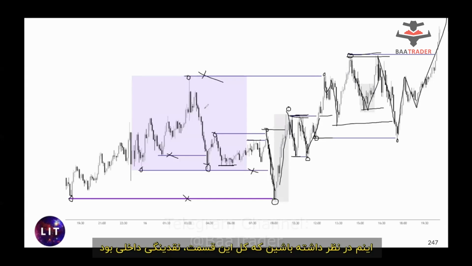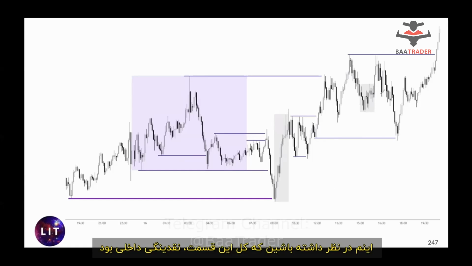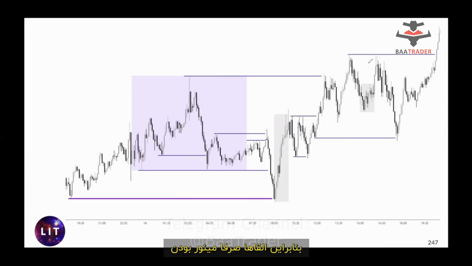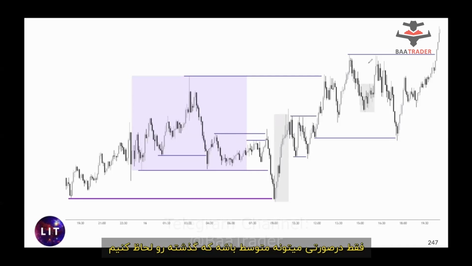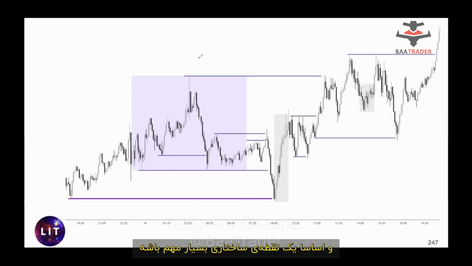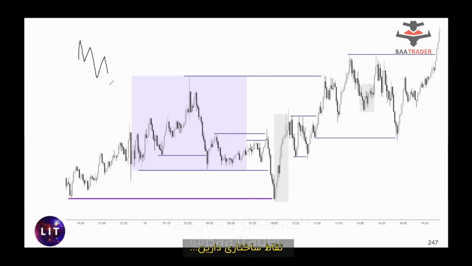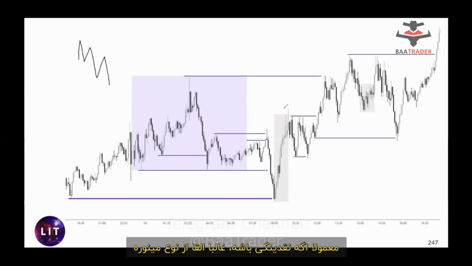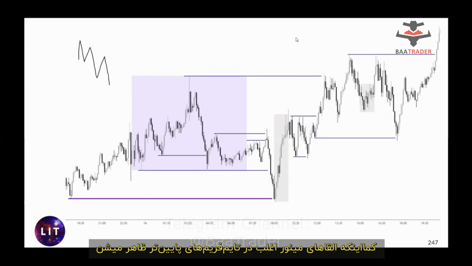Now remember, all of that was internal liquidity, hence minor inducements only. Now it can only be medium if we look to the left, and essentially it's a significant point of structure like such. Over here you have structural points. Usually if it's liquidity, it's more so a minor inducement as they appear more so on the lower time frames.